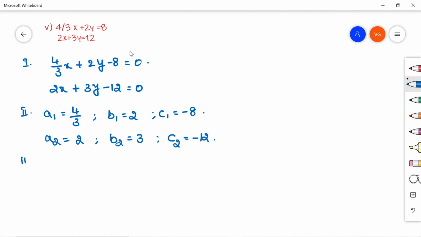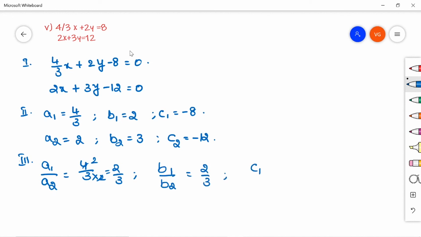Step 3, find out the ratios. a1 by a2, 4 by 3 by 2, that means into 2 you will get 2 by 3. Then b1 by b2, you will get again 2 by 3. Then c1 by c2, minus 8 by minus 12, again this is 2 by 3.